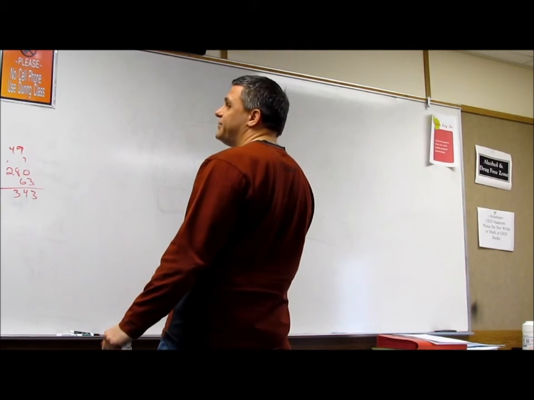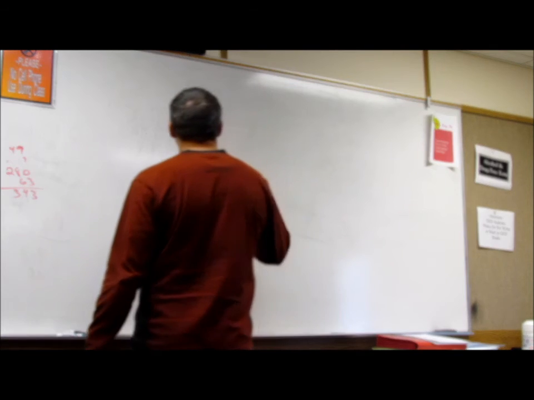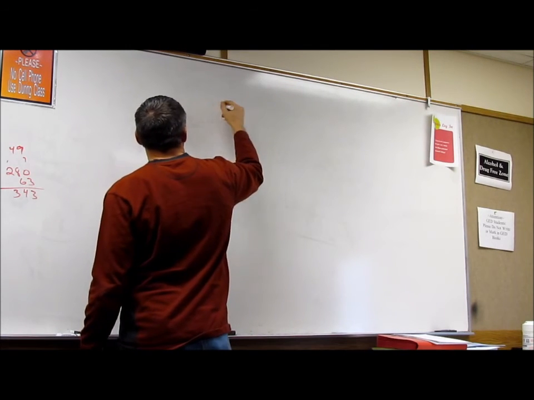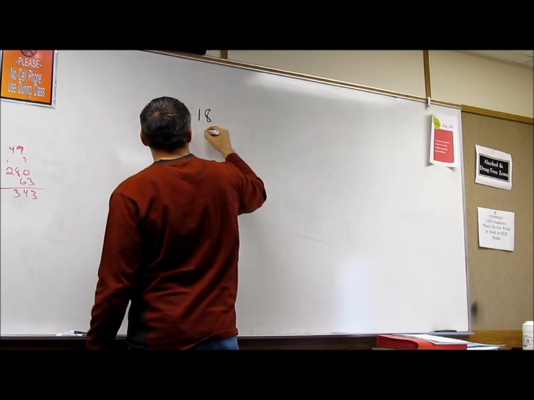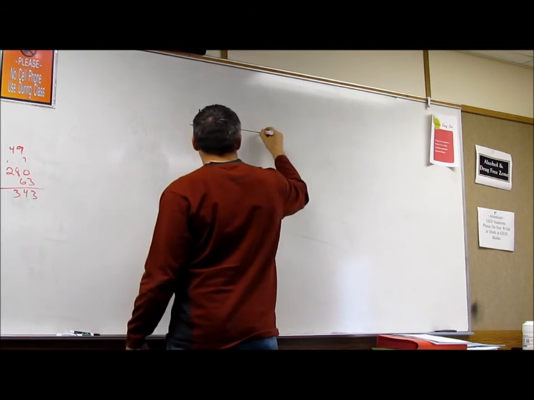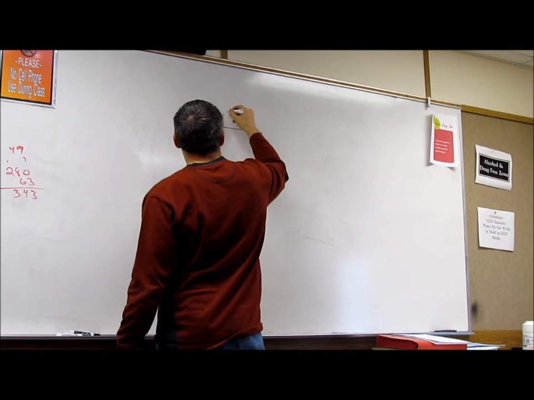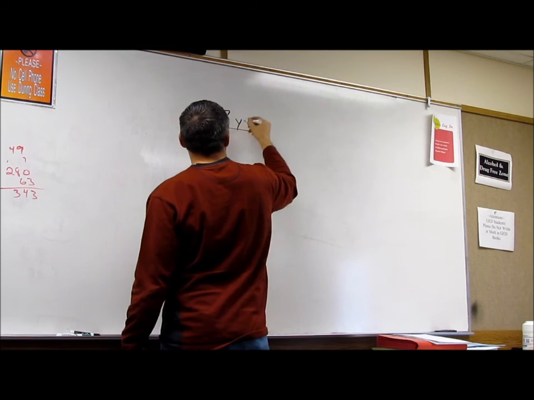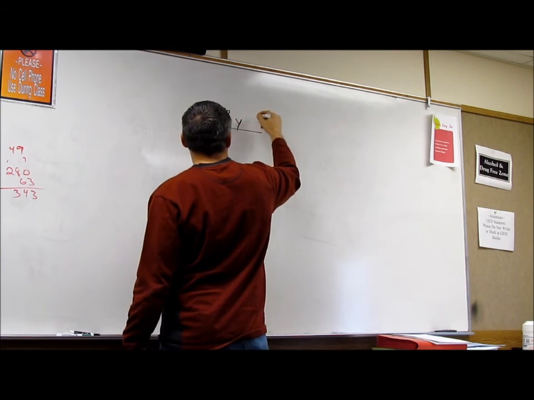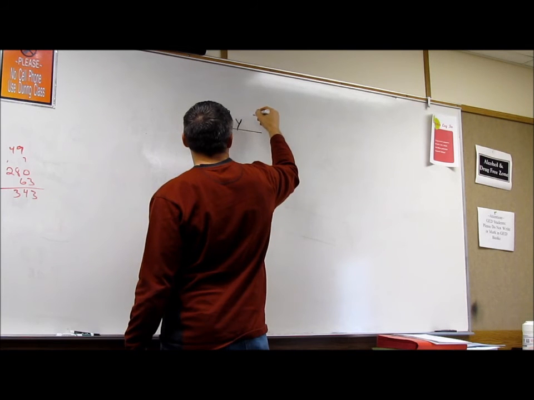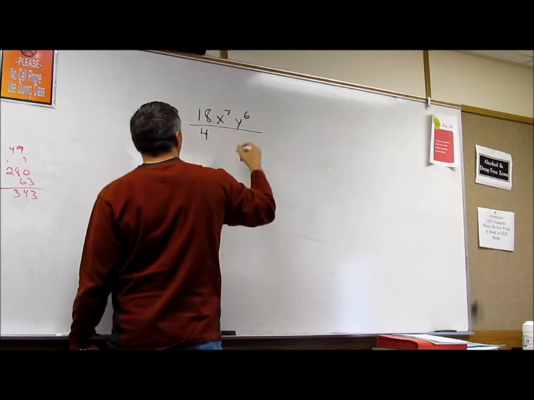So I'm going to do 18 divided by 4. X to the 7, y to the 6th. Sure, why not?